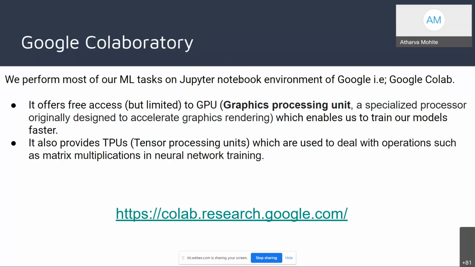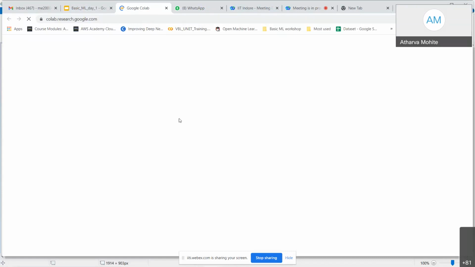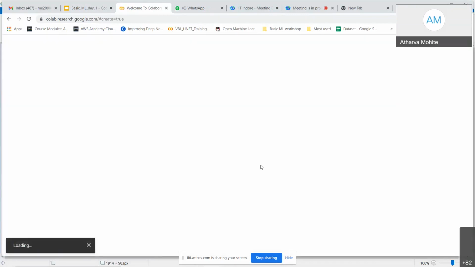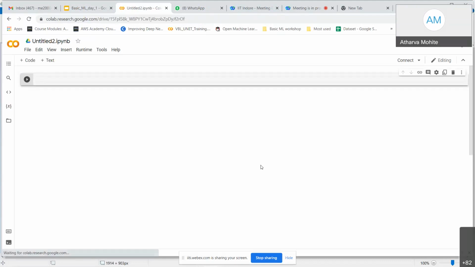Now we will explore the Colab notebook environment. So as you can see, we'll now create a new notebook. Here we can change the name of the notebook.